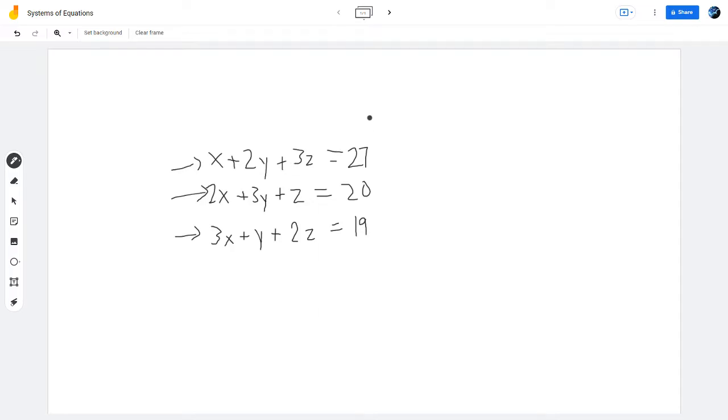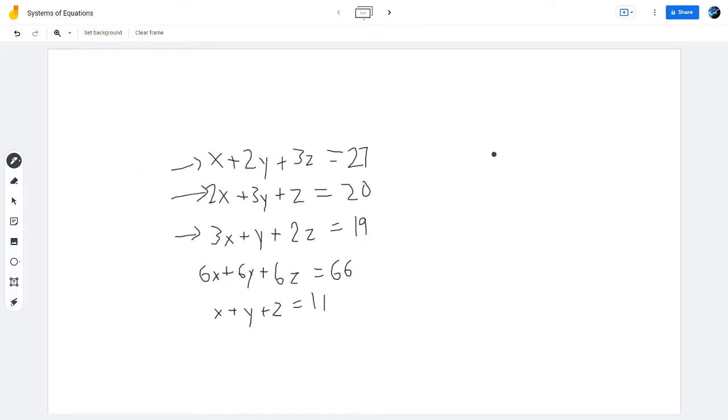The key here is to notice that if you add all of these equations, you get 6x plus 6y plus 6z, and I think you're going to get 66 here. Then you're going to have x plus y plus z is equal to 11.